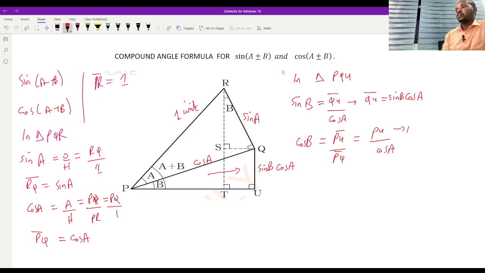So eventually you have PU will be equal to cosine A cosine B. So you have cosine A cosine B. This is cosine A cosine B.